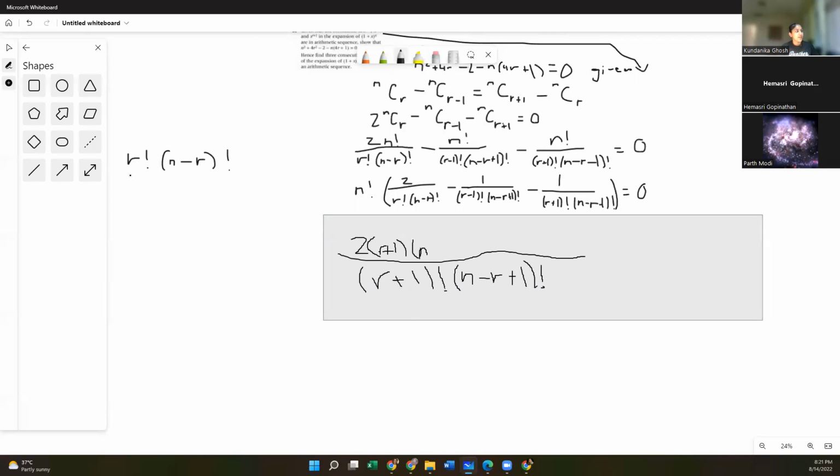We want to get this to a new denominator of r plus 1 factorial times n minus r plus 1 factorial, okay? Maybe this will help you see it better because it's right side by side.